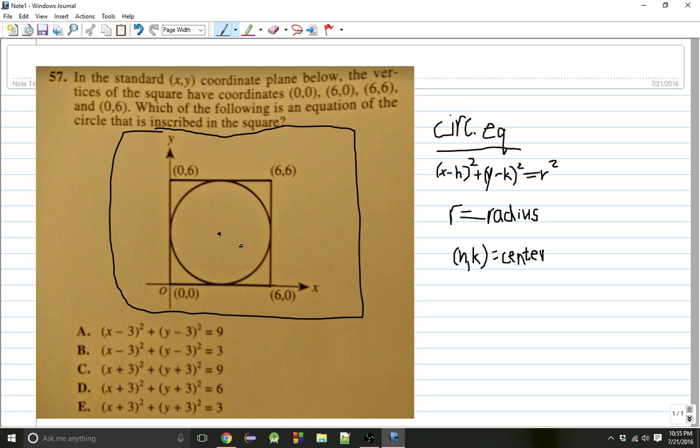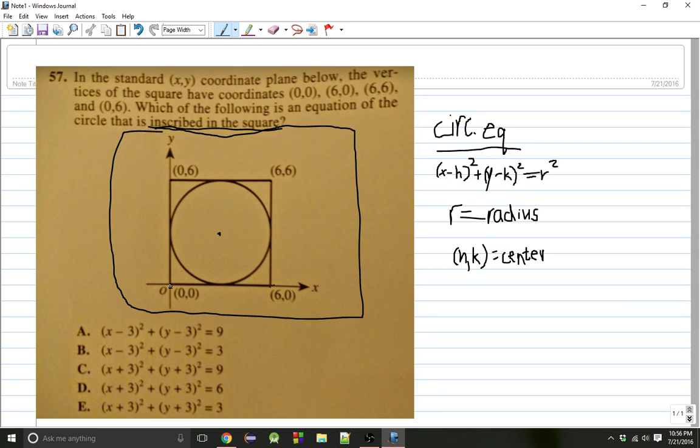Now, what we first have to do is find the length of our radius. If we look at our circle carefully, we see that it's inscribed in the square. By definition of a circle inscribed in a square, half the length of one side of the square is the length of the radius.